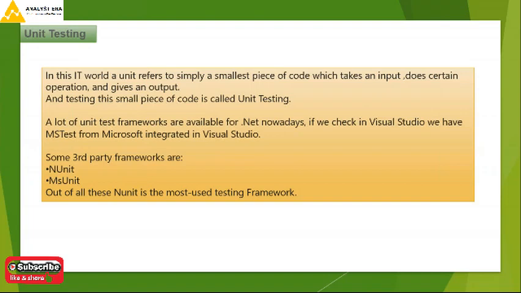MS is Microsoft, and that is the advantage of writing them because you are using Azure, which is Microsoft's proprietary thing, and you are using Visual Studio, which is again Microsoft. So it is better for you to use the Microsoft framework to build your unit test cases.